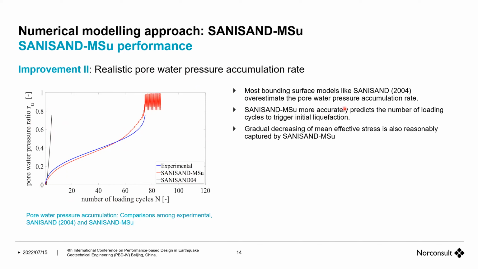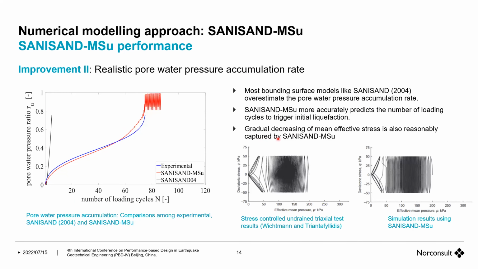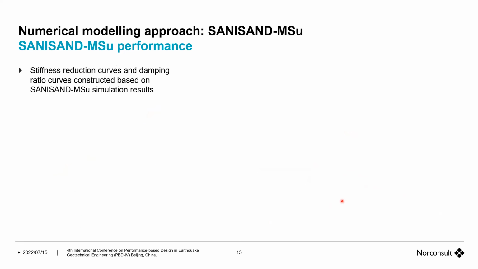Basically, the memory surface version is able to predict the number of load cycles to trigger initial liquefaction and the gradual decrease of mean effective stress, as you could see in these two figures, experimental versus the memory surface version. It's relatively well capturing the development of pore pressure and effective stresses.